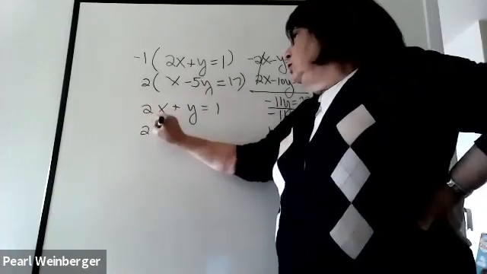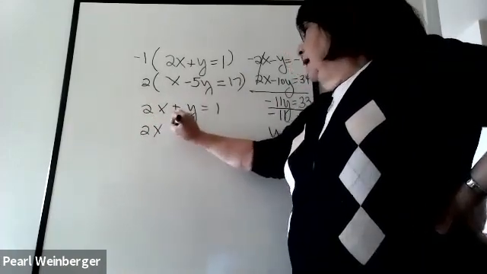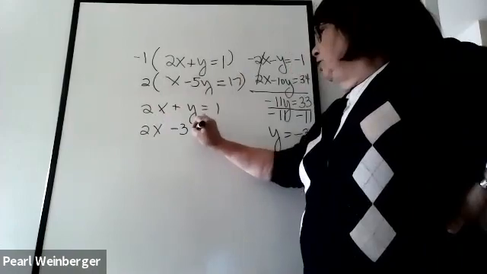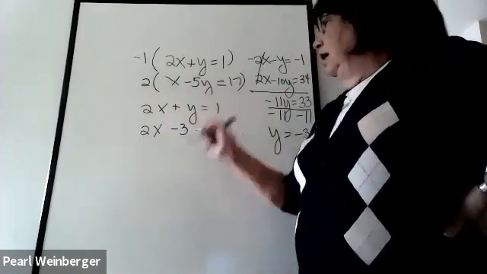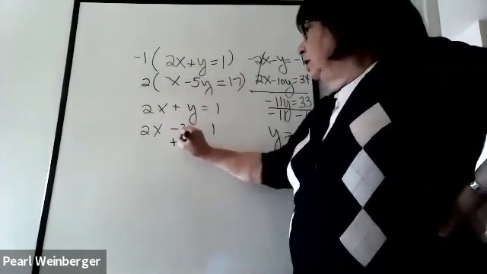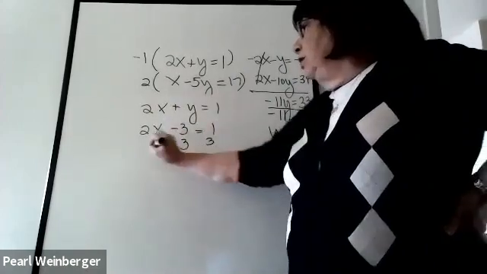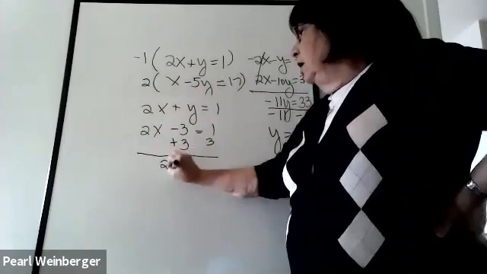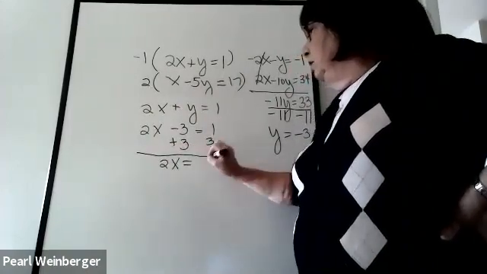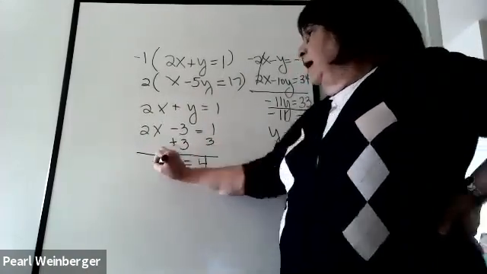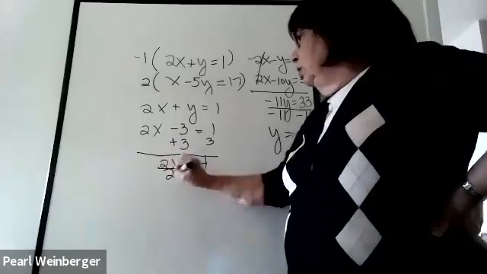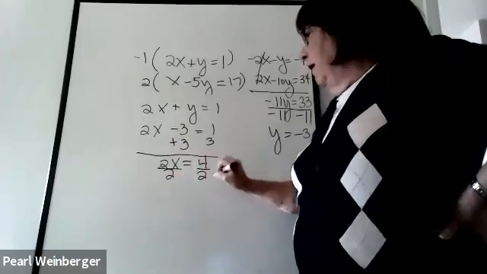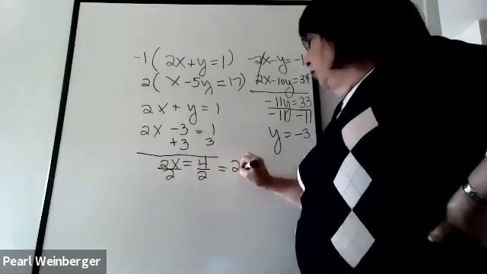So this will give me 2x minus 3, because y is negative 3, equals 1. And solve this equation, because now we can solve it. We don't have any y's in this equation. We just have x's. So we get 2x equals 4, and I divide by 2, and that gives me 2 as my answer for x.